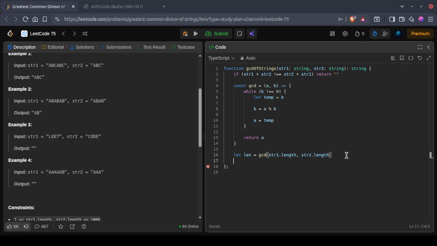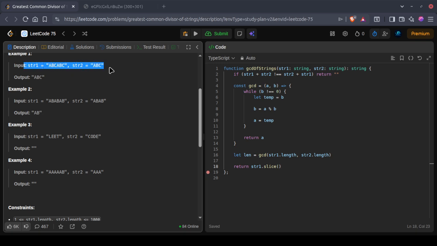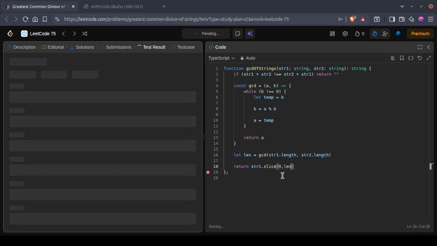And in the last I get that value and return str1.slice, which means I get the GCD of both numbers. So the GCD is like I get the 3 here for this example, and just cut out this string from str1, or you can also try str2, there is no issue with that, from 0 to length, and you will get the answer.